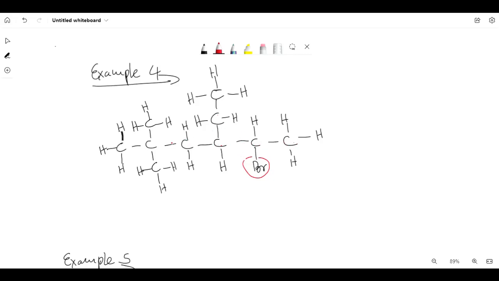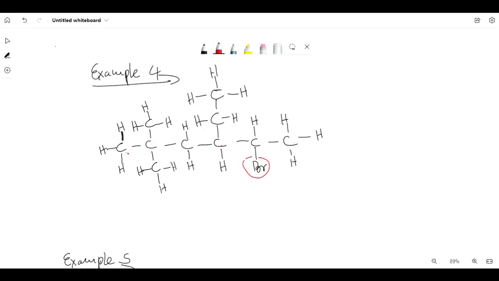Okay, so let's start with the red. Let's count from right to left. You'll notice that even though I have a methyl here and a bromine here, they are on the same position. But notice this, that we have two methyls here, right? It's different than when we have one methyl.